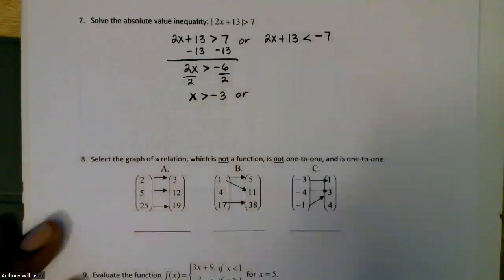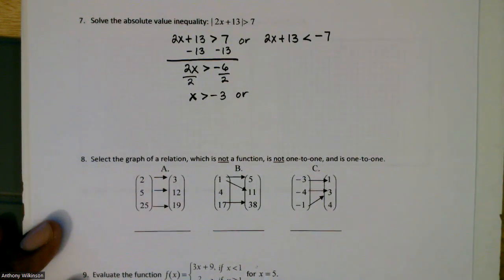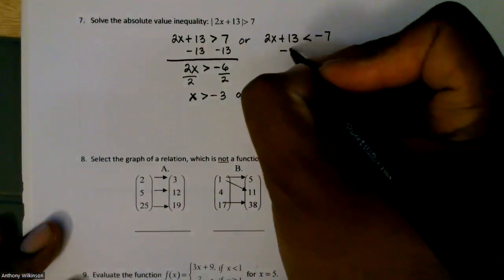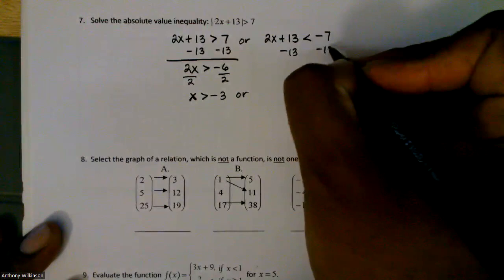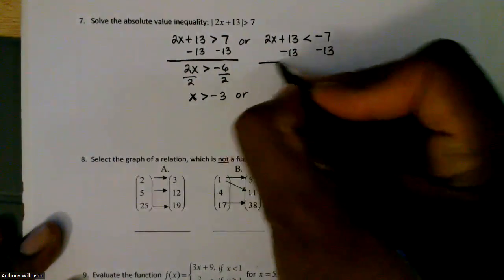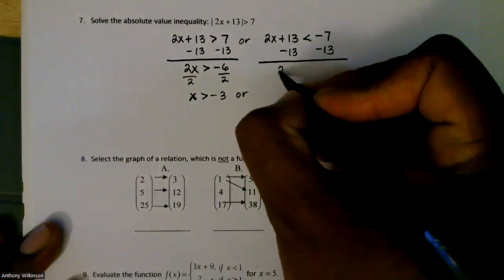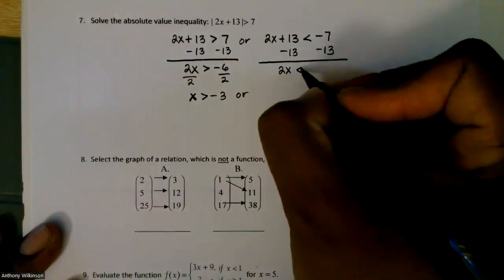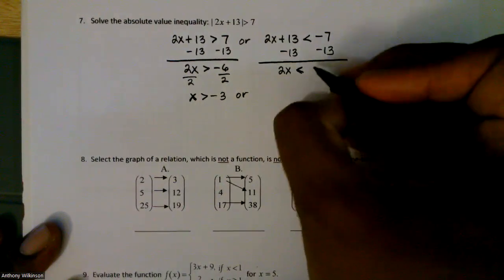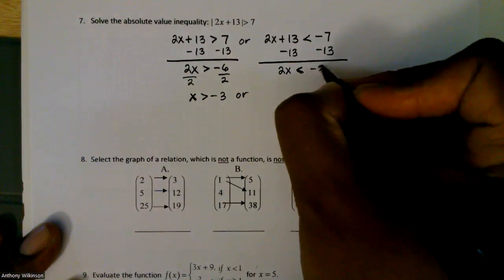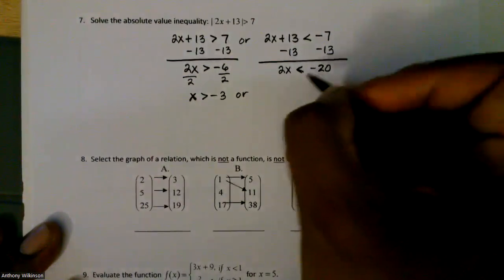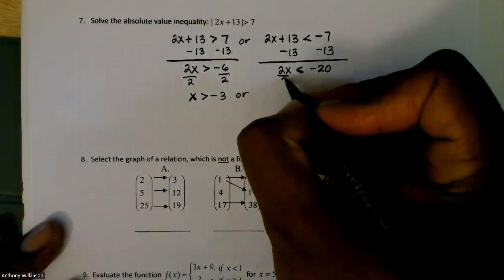And then for the 2x plus 13 is less than negative 7, if I subtract 13 on both sides to get the 2x by itself, that means I have 2x is less than negative 7 minus 13, which would be negative 20. And then divide both sides by 2.